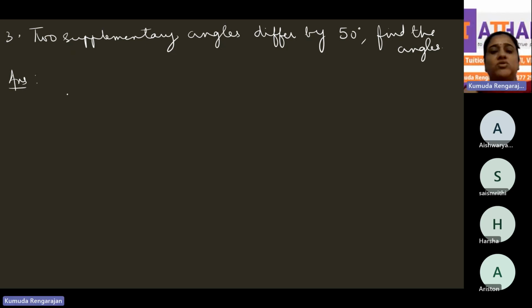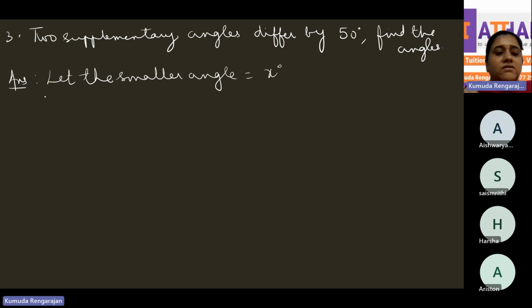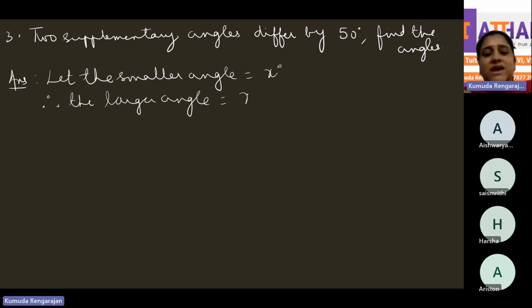All right, children. Again, you have 2-3 ways of doing this. You can say let the smaller angle be x degrees. And therefore, because the angles differ by 50 degrees, the larger angle has to be x plus 50 degrees.